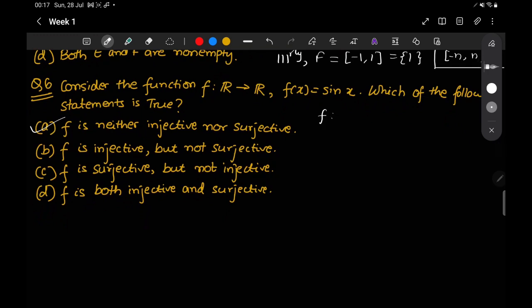So if you have a function which is defined from A to B, then f is the function, A is the domain, and B is called the codomain, or also called the range.